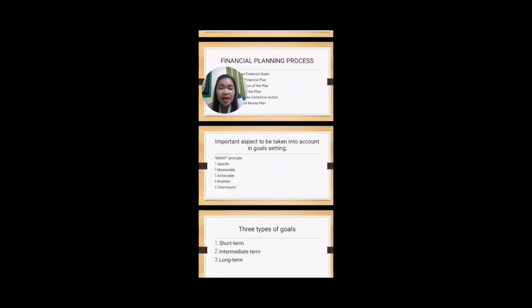S stands for specific. The goal should be specific and not vague. For example, I want to be a wealthy person.